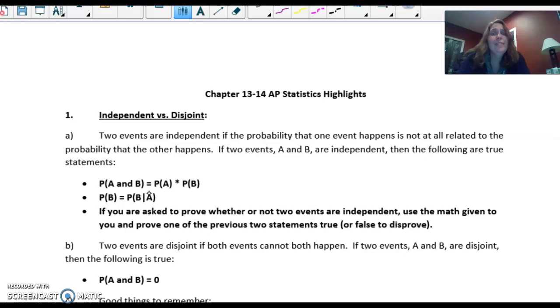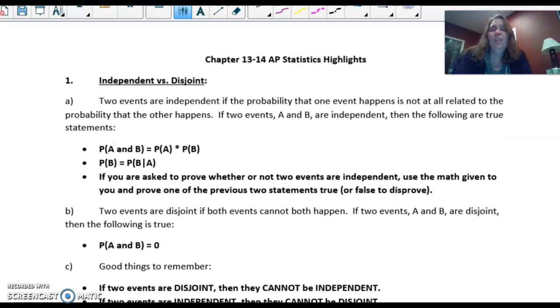And right now with social distancing, we might not even be able to do that. But I digress. If you have two events, A and B, that are disjoint, then since they cannot both happen, the probability that they both happen would equal 0. So in this case, if you know that to be true, you have disjoint events. If you know that it's some number other than 0, then you can prove for sure that the two events are joint. They can happen together.